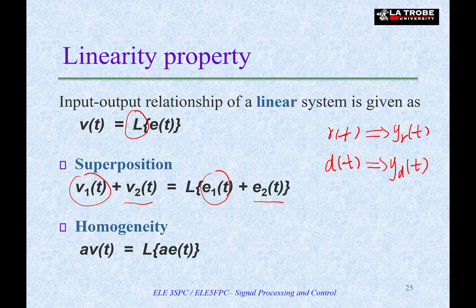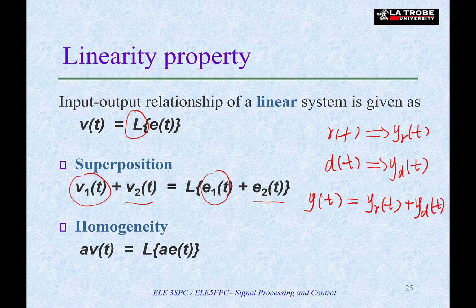And when the system is subject to both R(t) and D(t), the output of the system should be, under the superposition law, equal to Y_R(t) plus Y_D(t).